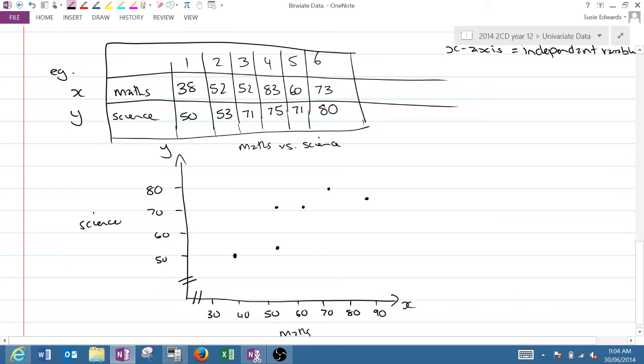What sort of relationship do you think these dots have? Moderate what? Positive, linear. Okay, so that's what if you were asked about the relationship, you'd say moderate, positive, linear.